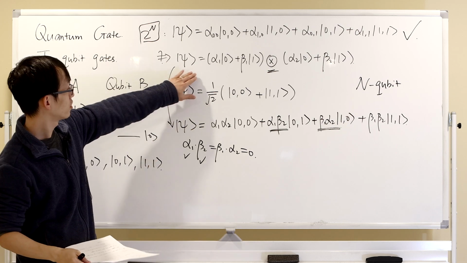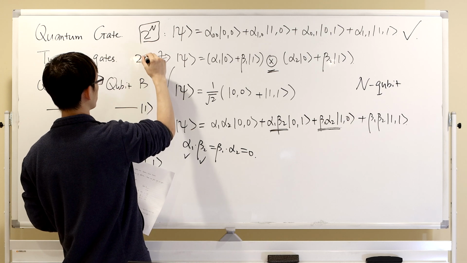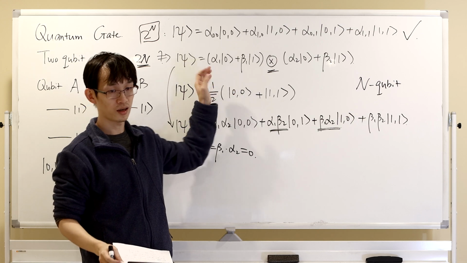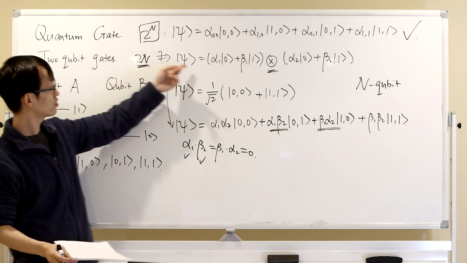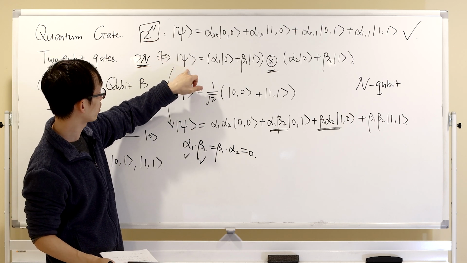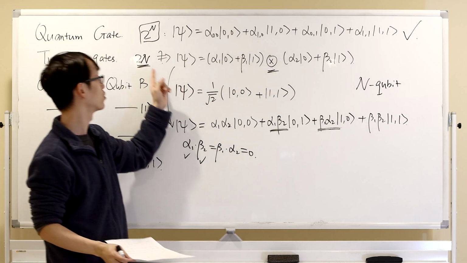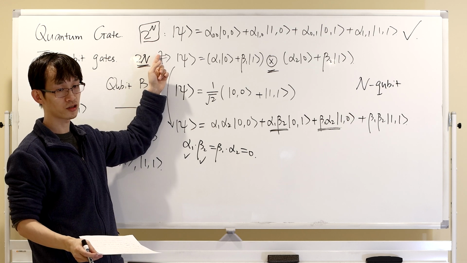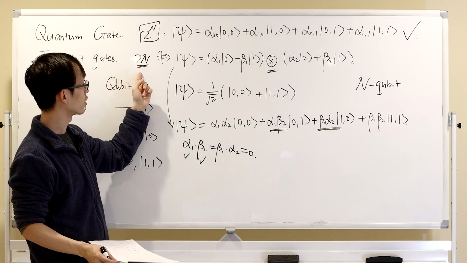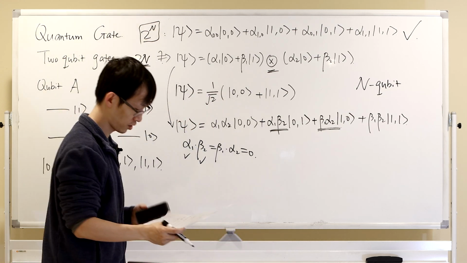But if you just write them down as individual qubits, you only need 2n coefficients. Each qubit has 2 coefficients, and n qubits will have 2n coefficients. So clearly, if you describe your system by individual qubits, you actually lose information. There are a lot of coefficients, a lot of information stored, which cannot be seen by just looking at individual qubits.